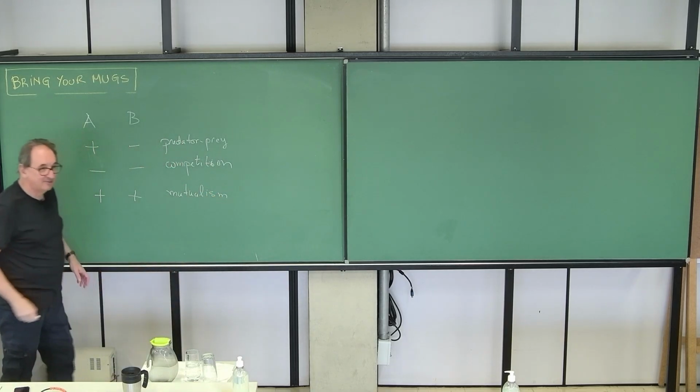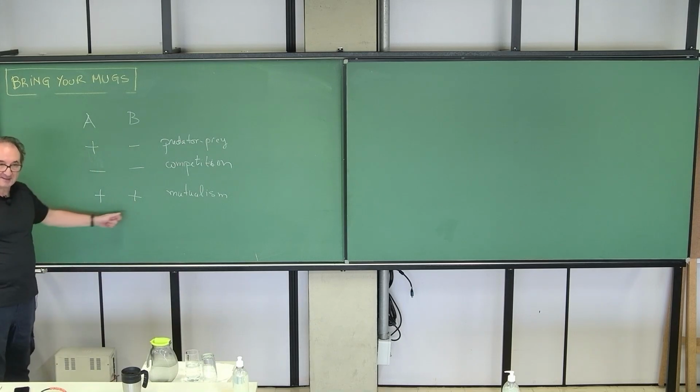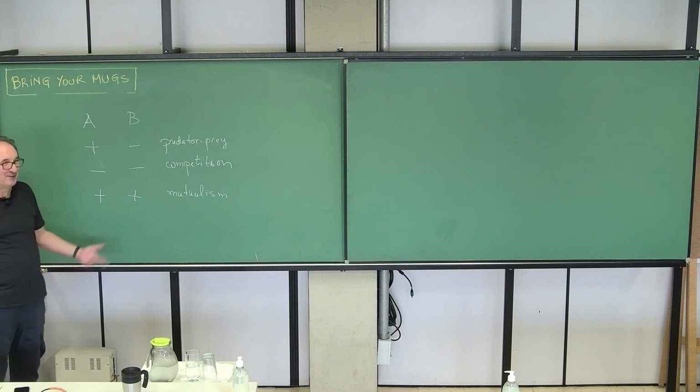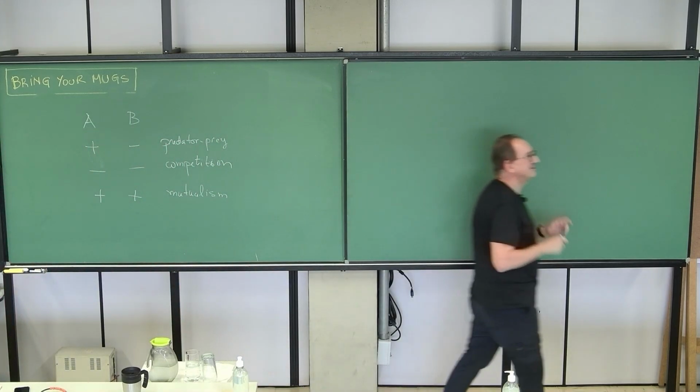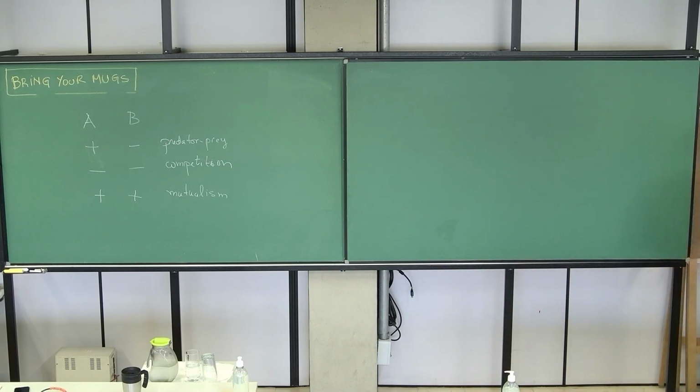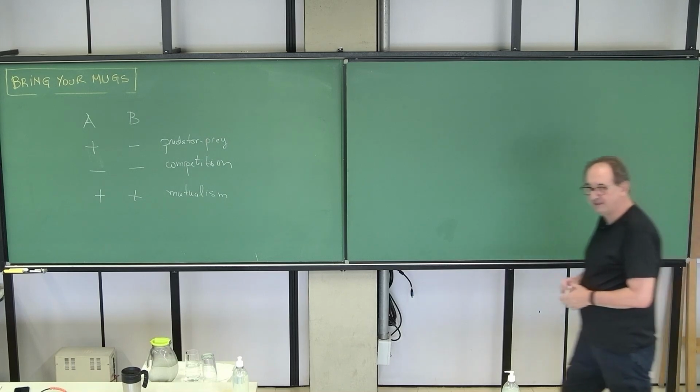Well, and then you could go on putting 0 plus, 0 minus, and 0, 0, which would be neutralism, which is something that has no effect on the population. So, but we won't go into this. We will be happy with these three.